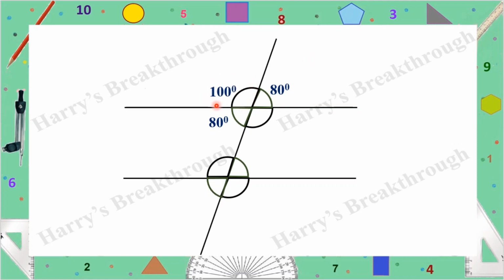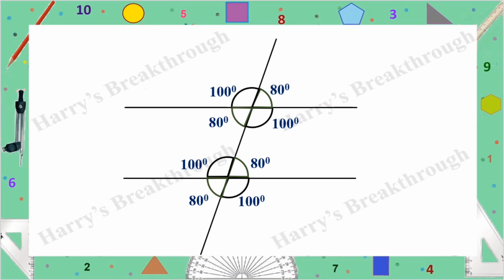So this angle will be 100 degrees. And the opposite angle of this 100 degrees is also 100 degrees. Now, how can we find the measures of these 4 angles? Here, the angles at the same slope will be equal. So this angle will be 80 degrees. And in the same way, we can find all the other angles.